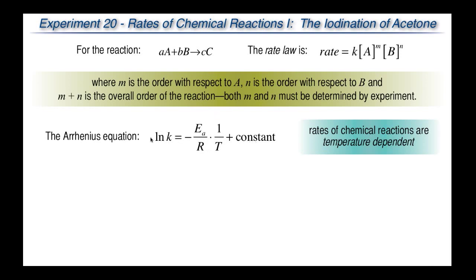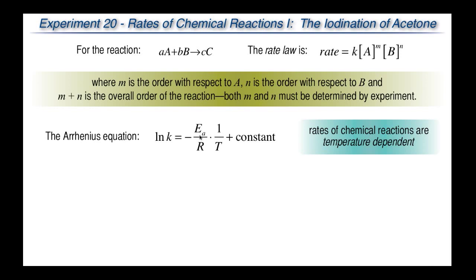So in this case, natural log of the rate constant k is like y, 1 over T is like x, and this ratio of E sub A and R is the slope of that line if we were to plot it out. Now E sub A is called the energy of activation, and it's the minimum energy required for the reaction to proceed.